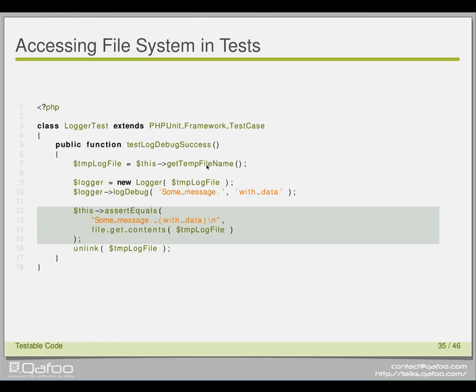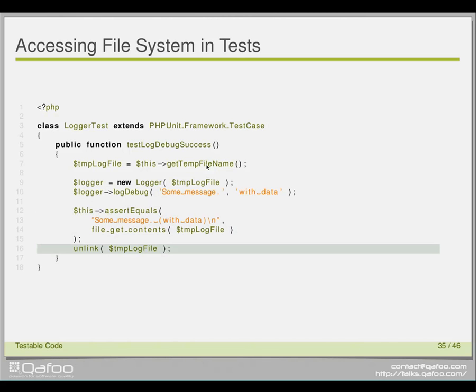And you also need to unlink the file from disk if the test was successful. But again, this will often result in leftover test files if your test fails, like the file will stay on disk. And if nobody cleans it up later on, then it might result in the end in your disk running full from log files from your test cases.